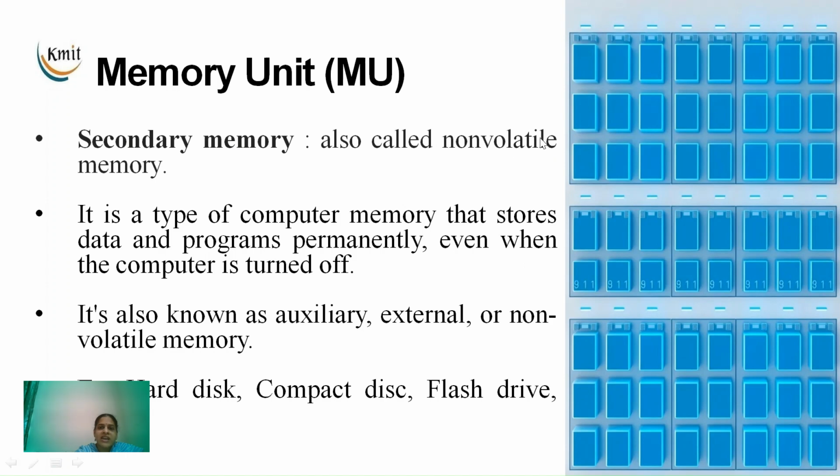It is non-volatile in nature. It is also known as auxiliary memory or external memory. Examples of secondary storage devices or secondary memory are your hard disk, your compact disk, flash drive, or pen drive.